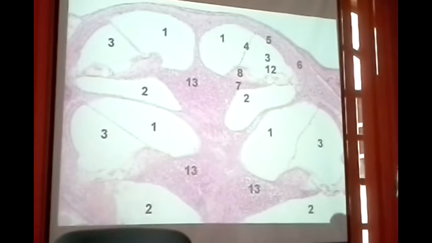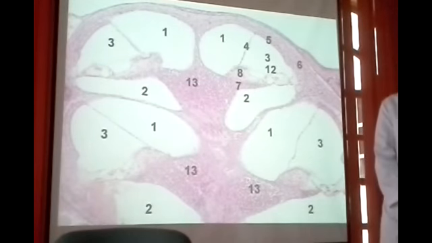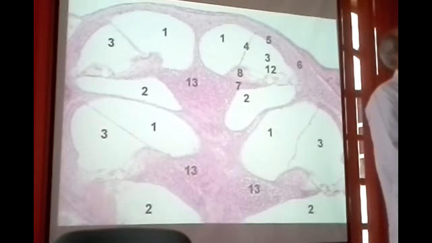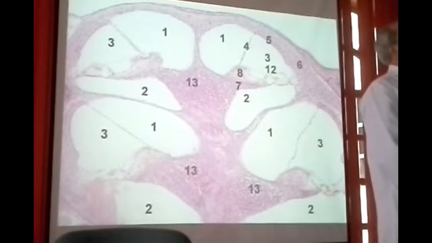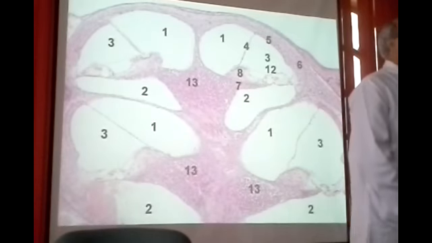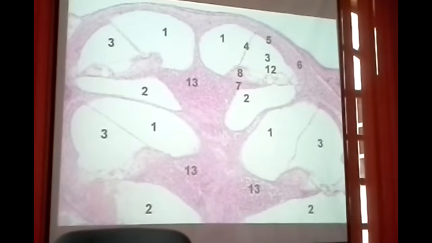Where can you find the secondary tympanic membrane? Closing what? The round window. Who closes the oval window? The stapes. Okay?